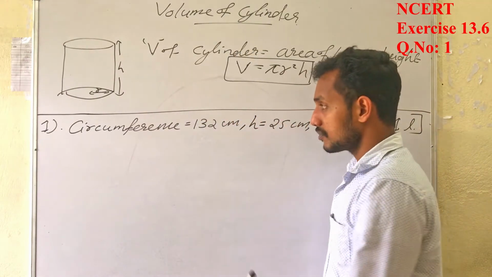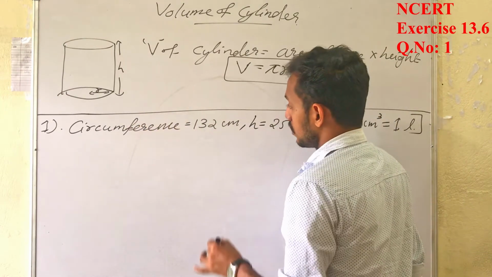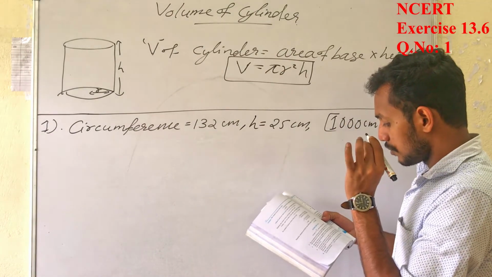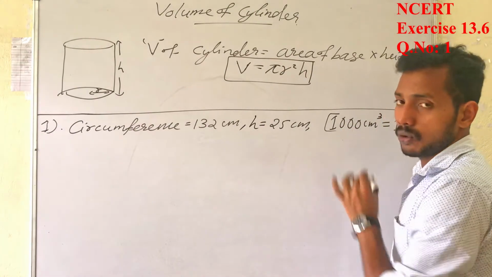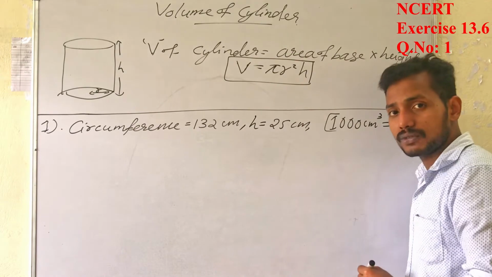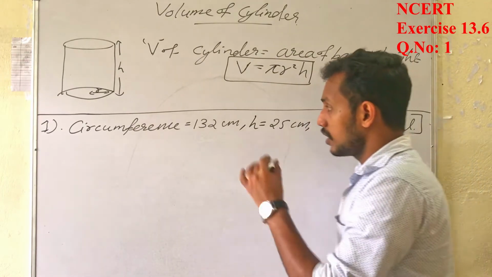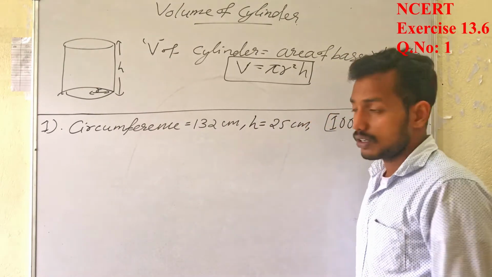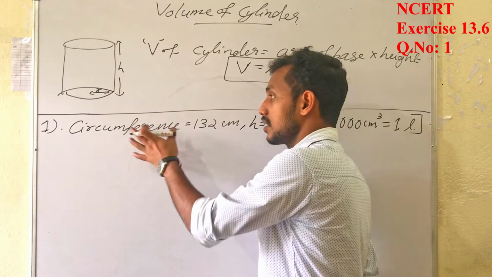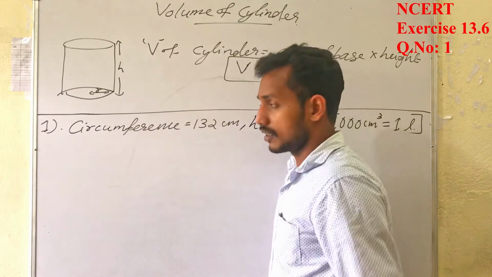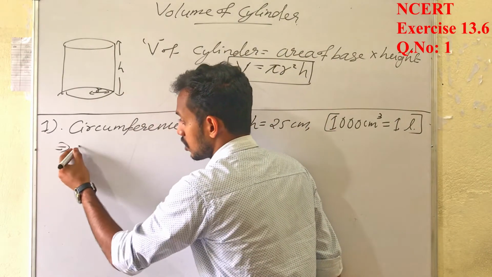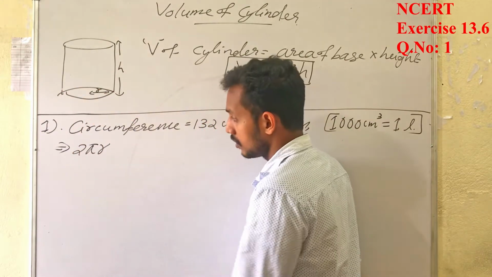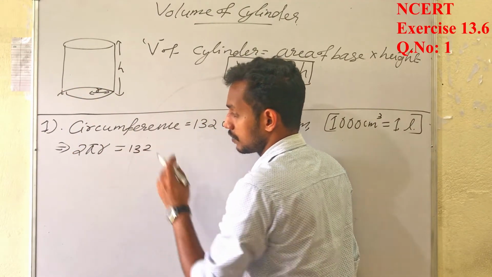Here the question is how many liters of water can it hold. That means we need to find the volume of the cylinder. Height is given but radius is not given. Instead, circumference is given, so from the circumference itself we need to find the radius. Circumference is 2 pi r, which is equal to 132.